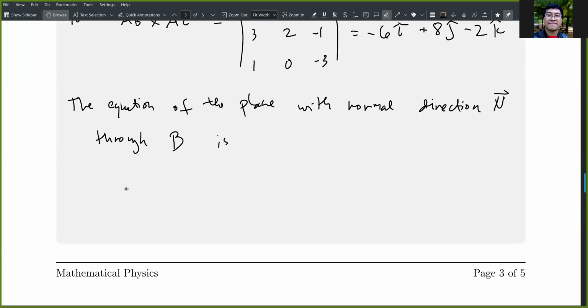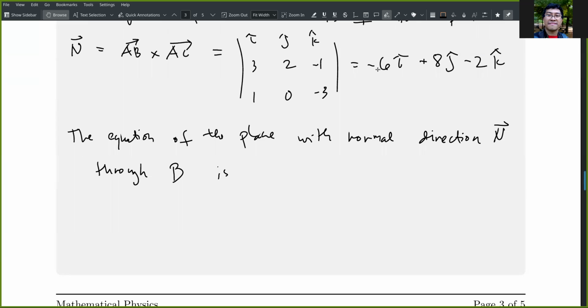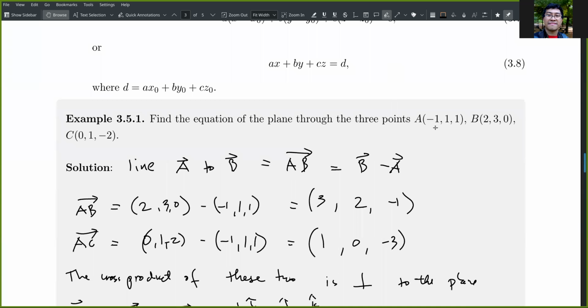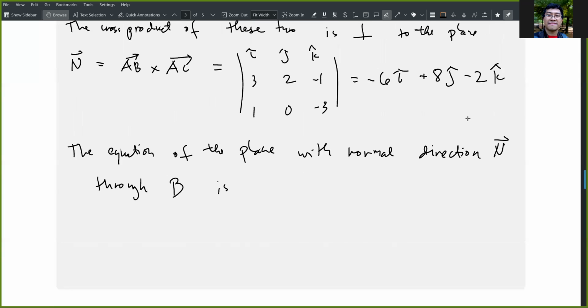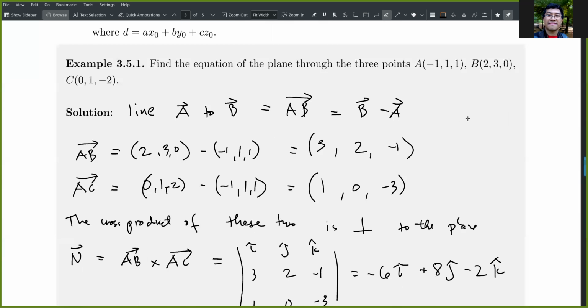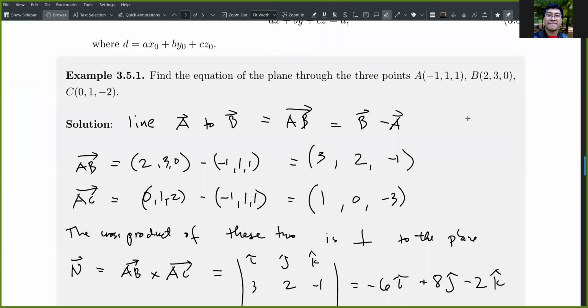So the normal has these components. We take that product with this B, and the answer should be 0, or a line passing through XYZ.